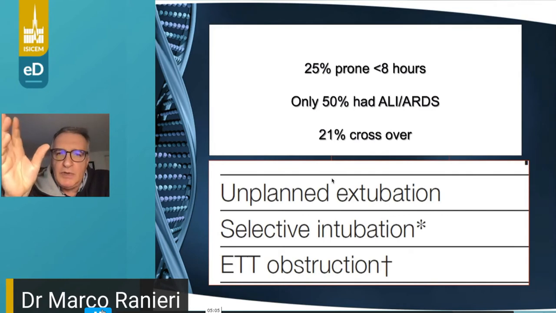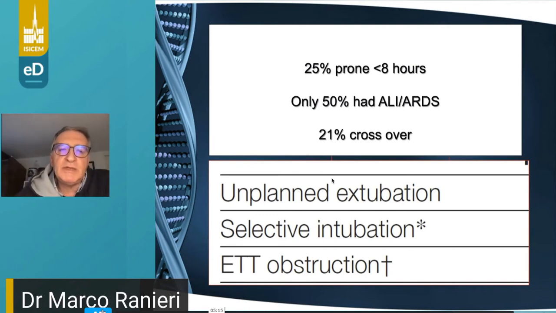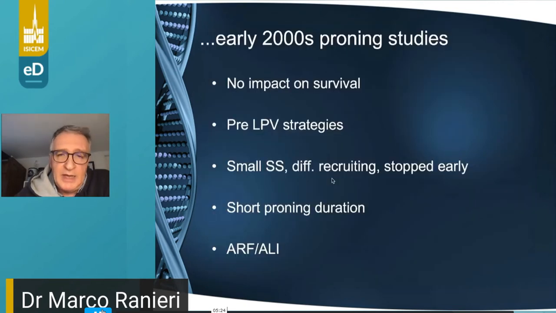Prone position was applied for less than 8 hours, and only 50% of these patients had acute lung injury as it was defined at that time, or ARDS. And there was a substantial number of patients, 21%, that had a crossover between interventional and control group. So in the early 2000s, the evidence was not supporting the use of prone positioning.